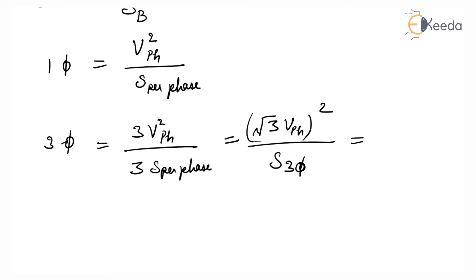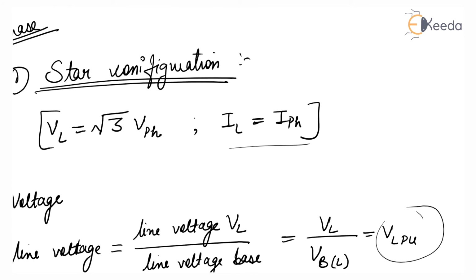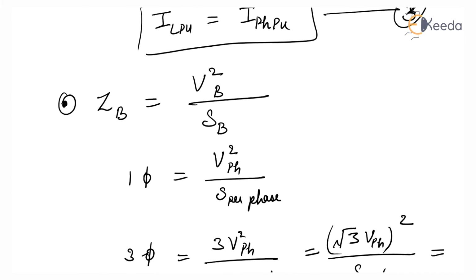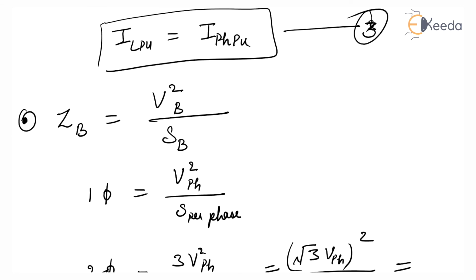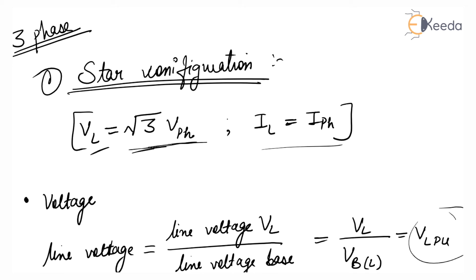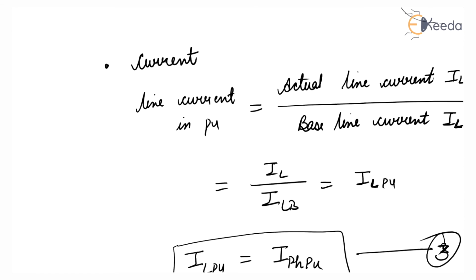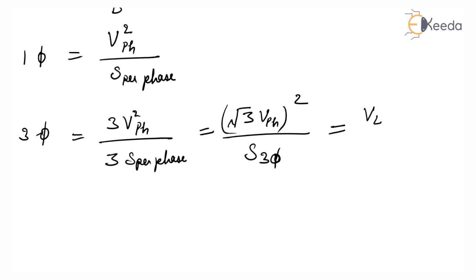And we know root 3 V phase is equal to line voltage. So this is equal to line voltage whole square upon S for 3 phase.